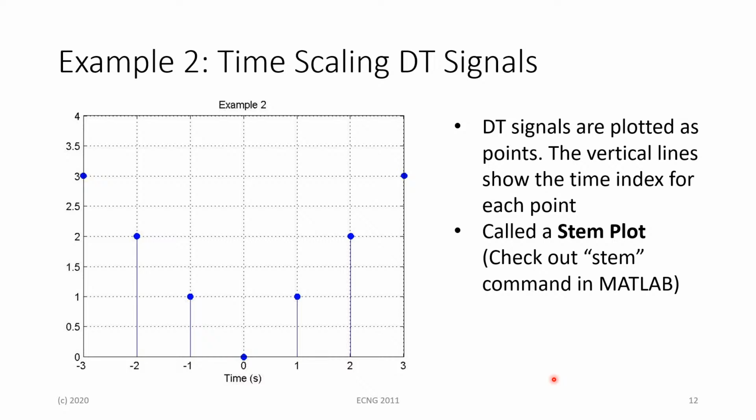The difference between a continuous time plot and a discretized time plot is that the continuous time plot will give you nice straight lines accordingly. But a discretized time plot is just going to be stems representing instantaneous time at which the sample was taken.